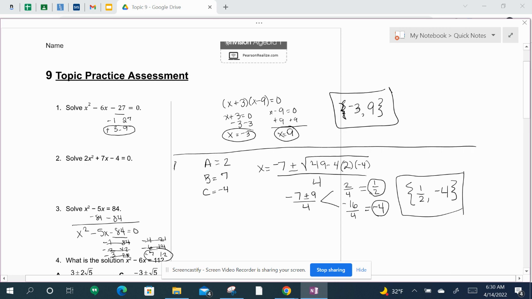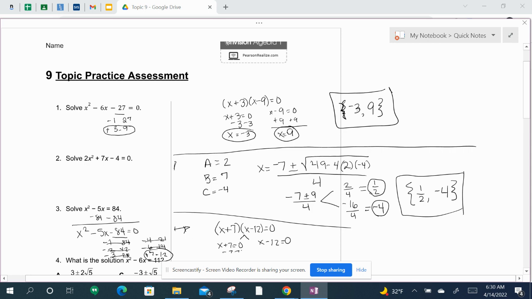Oh, there's one that works. But that one gets me positive 5, so I'm going to switch my signs. Let me come over here where I've got space. The factors are x plus 7 and x minus 12, which means then x plus 7 could be 0, or x minus 12 could be 0.